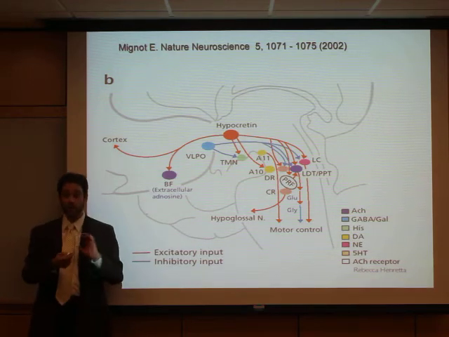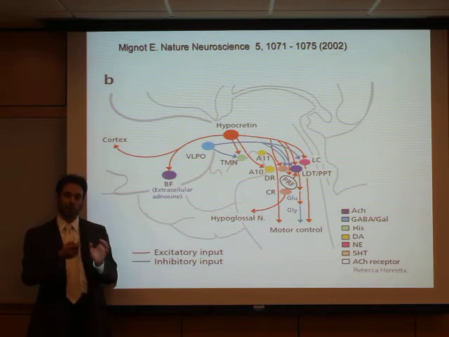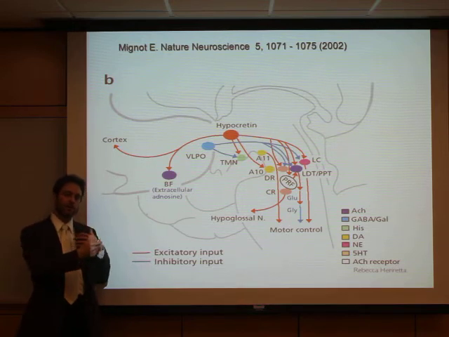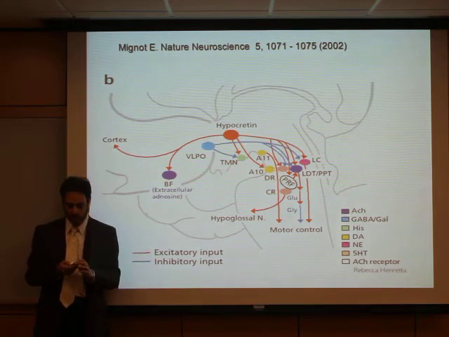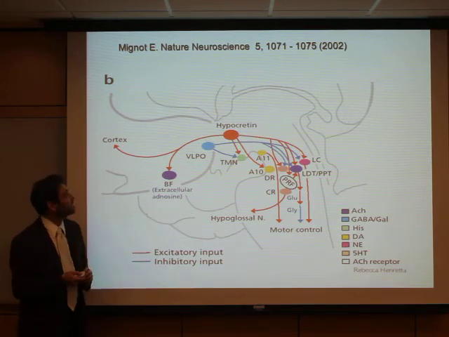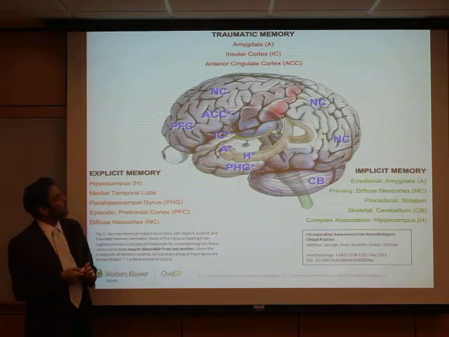The notion of a flip-flop switch, where you are either in an aroused state or in an unaroused state, is one that has been put forward by Cliff Saper and others.